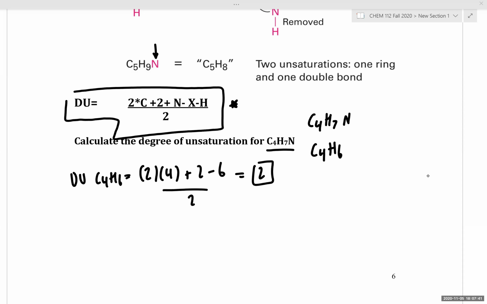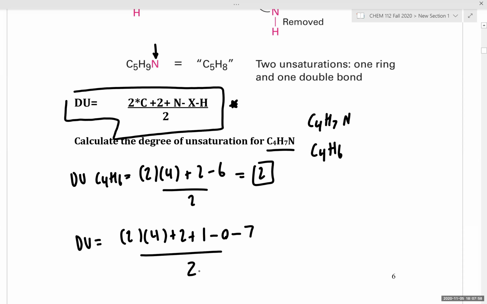Looking at the equation for our degree of unsaturation, we have 2 times the number of carbons plus 2 plus the number of nitrogens. We have 0 halogens, so we'll subtract 0, and we have 7 hydrogens. We're then going to divide by 2.